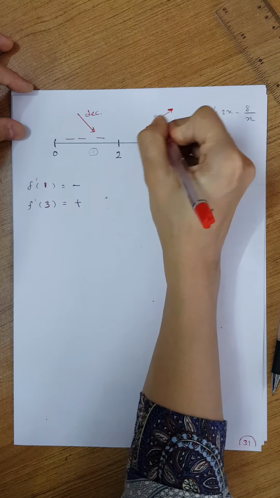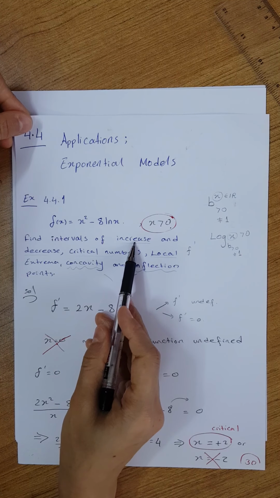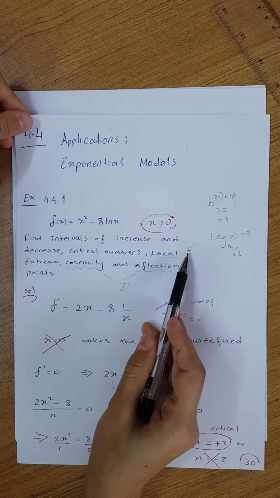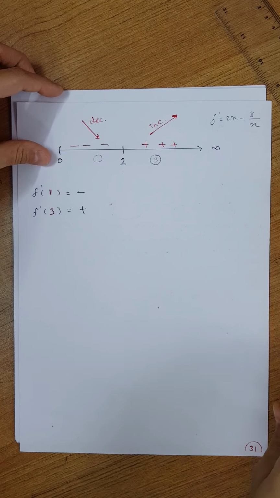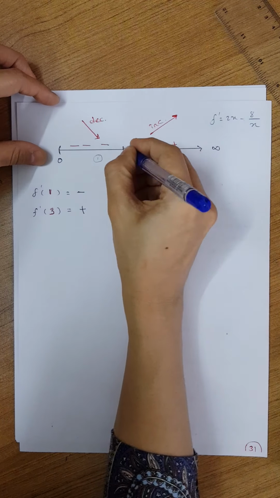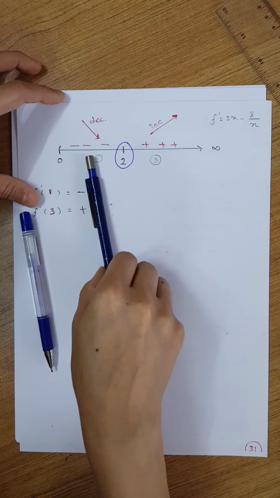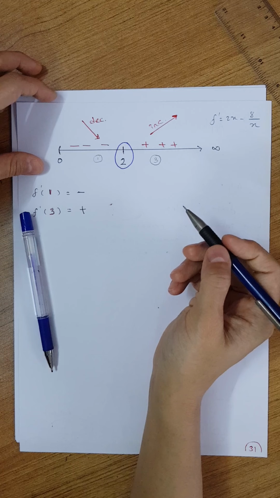Now, what have we found so far? We found the critical numbers, and we found the intervals of increase and decrease. What remains for the application of the first derivative? Local extrema. How do I know if that point is a local maximum or local minimum? We said if it changes sign from left to right, then we are sure that it is a local extremum.